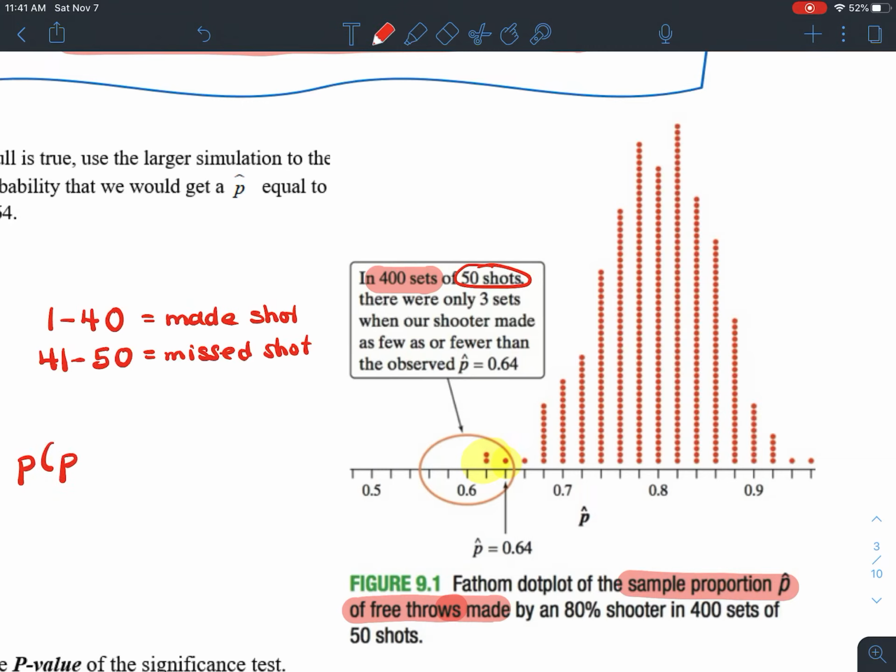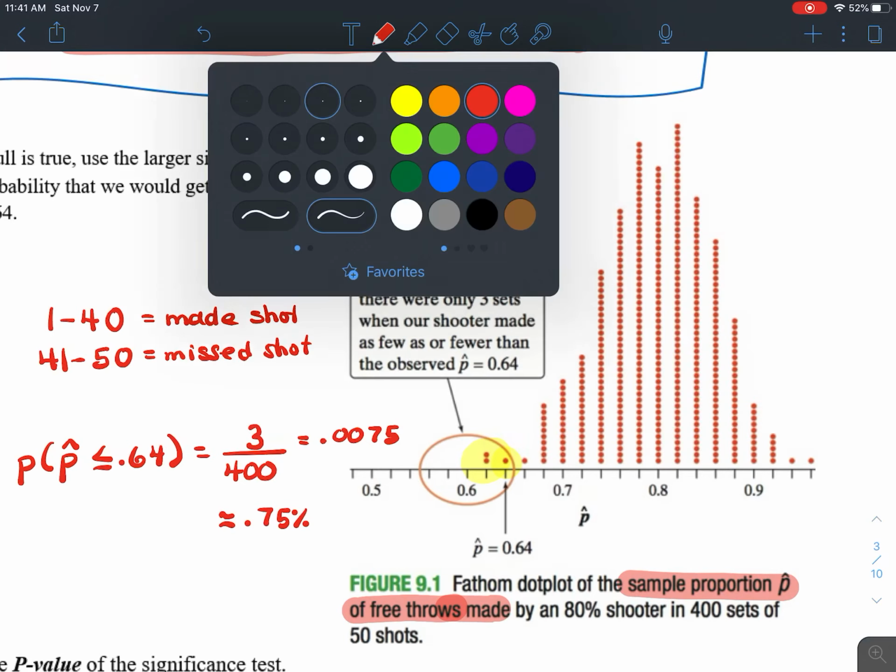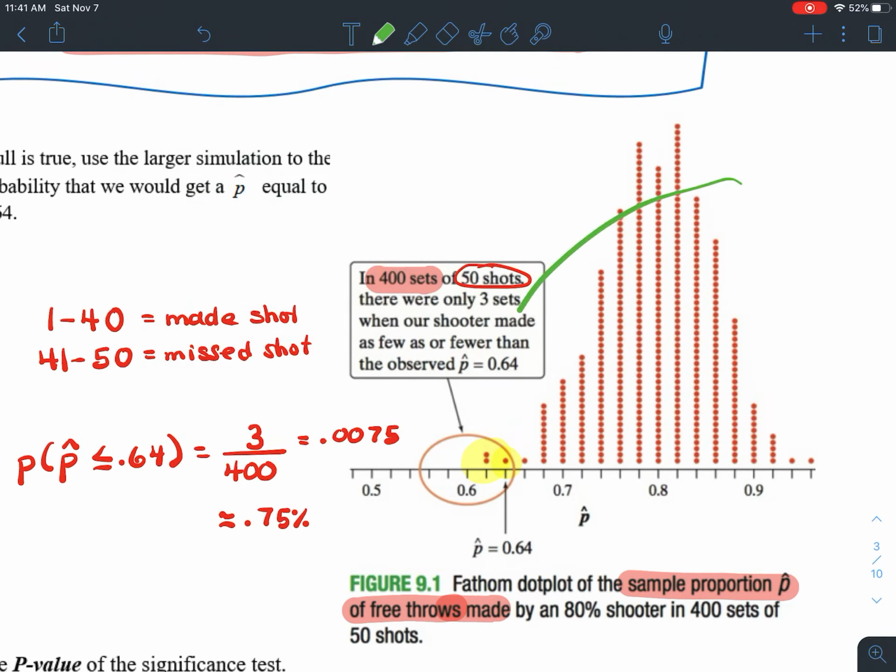In these 400 simulations, only 3 times did Ricky Bobby shoot 64% or less. That is a very small likelihood of happening. In fact, it is not even 1%, it's about 3/4%. And so what we're saying is that these 3 dots right here, this isn't likely to happen.